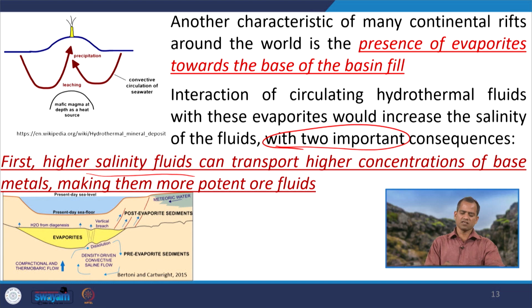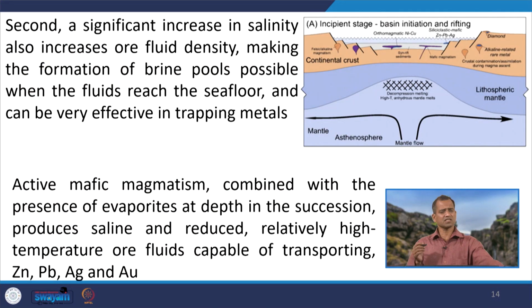So, with higher salinity, its metal intake increases and it becomes a large transporter of metals. Second, a significant increase in salinity also increases ore fluid density, making the formation of a brine pool possible when the fluid reaches the sea floor, which can be very effective in trapping the metals.